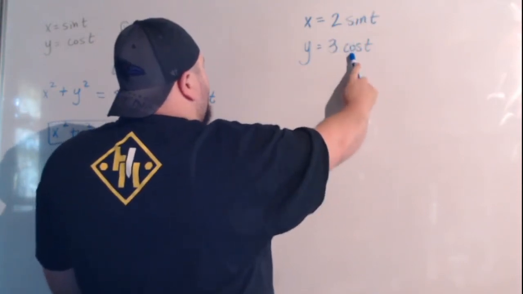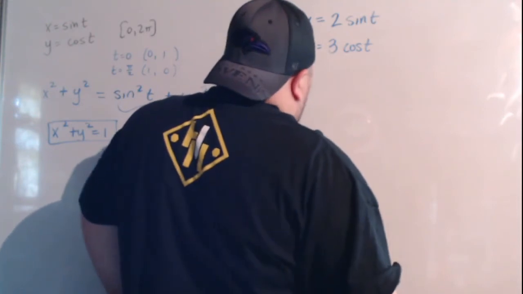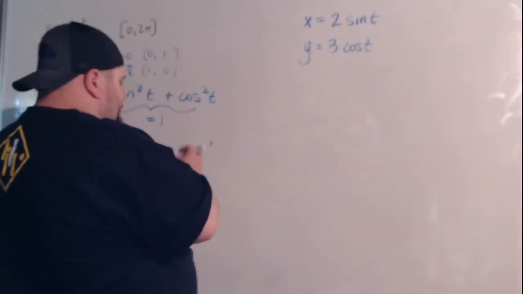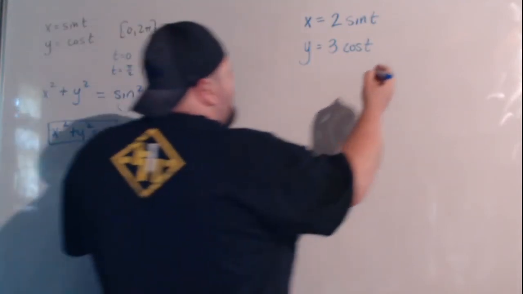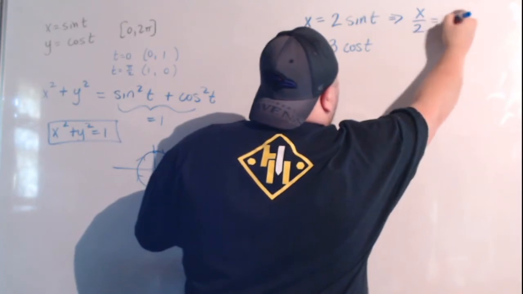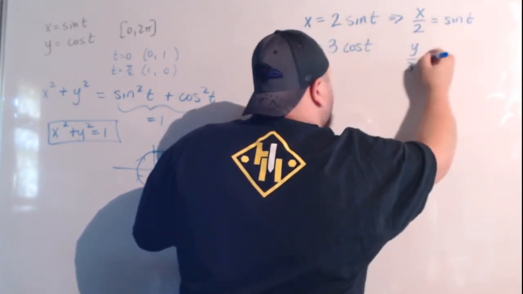And in order to get 1 out of them, I got to have the same amount. So with this one, the very first thing you should do is divide this one by 2 on both sides, and this one by 3.